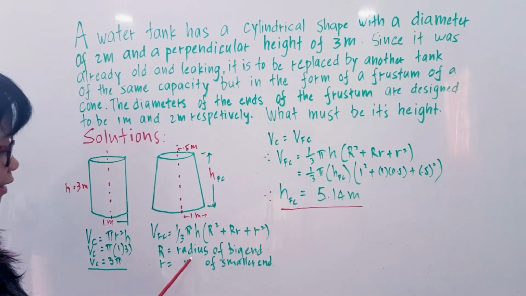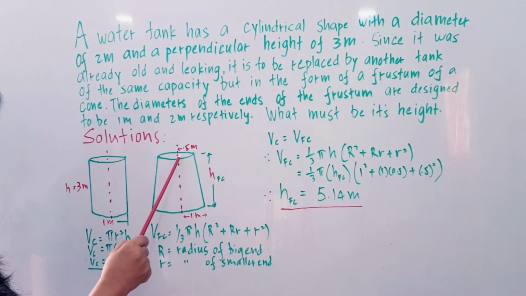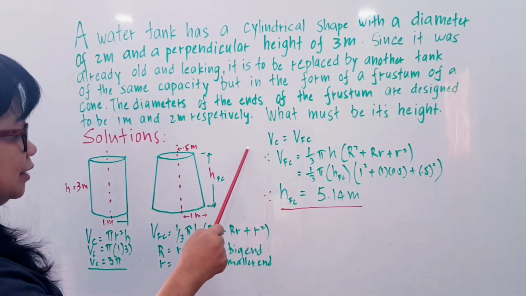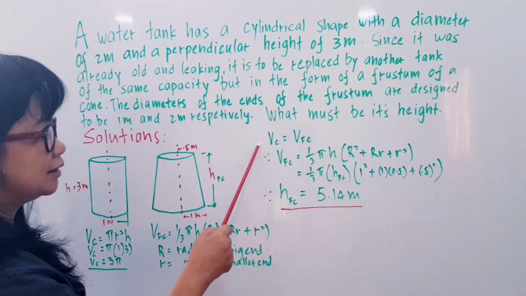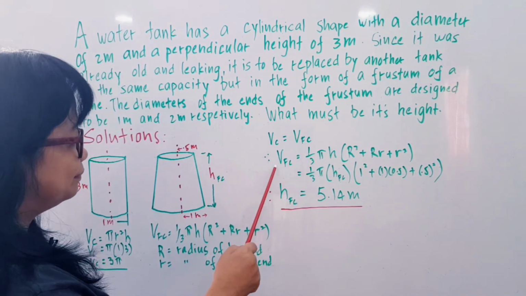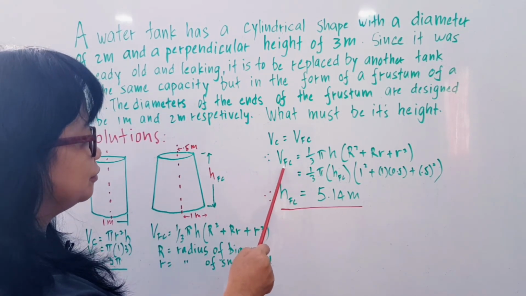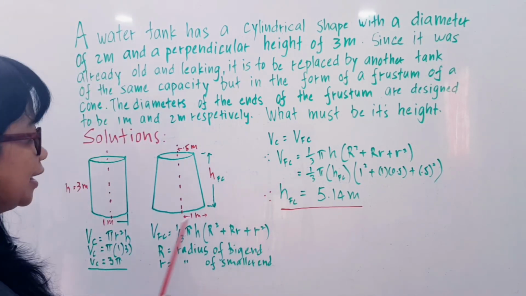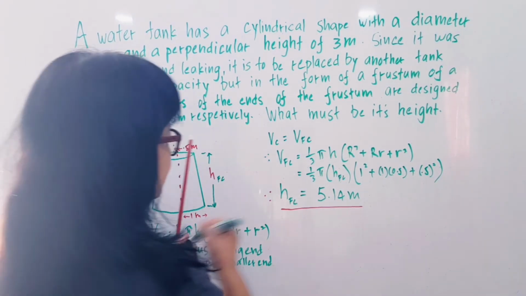Now, the big R is for the bigger end, and the small r is the radius of the smaller end of the frustum of a cone. Now, dahil pareho sila ng capacity ng pinapalitan na yung tangke, so ang volume nila ng cylinder at saka volume of frustum of a cone is the same. So, equate natin yan. Therefore, we can replace the volume of the frustum to the volume of a cylinder, which is equal to 3 pi. Okay. Don't forget to put here 3 pi.